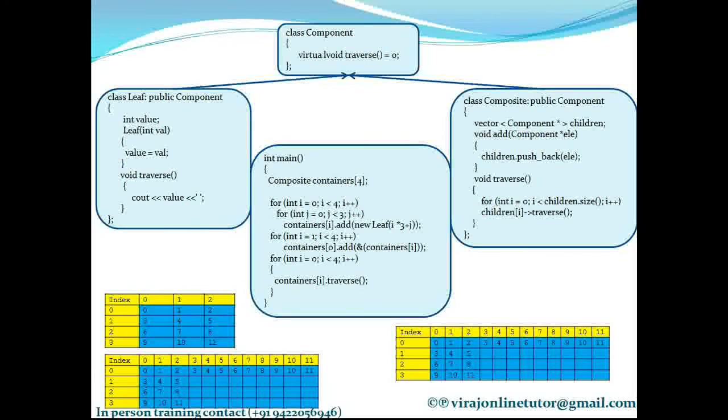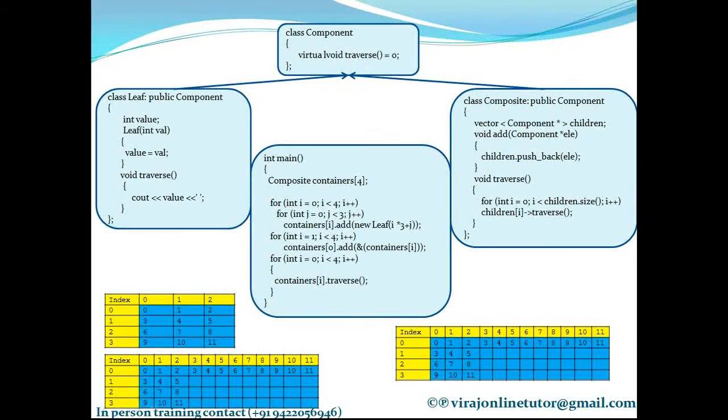So this is the example program that I am going to show you all for a composite design pattern. I have an abstract component class here. In that I have a function called traverse, which is the operation function for me.